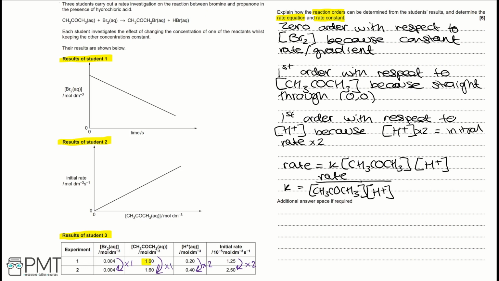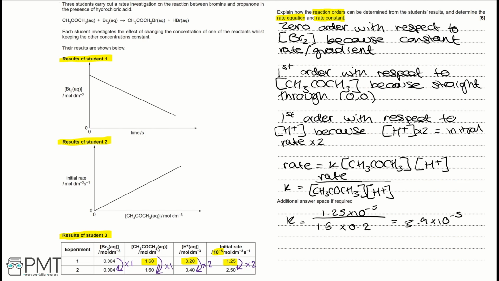That would be using the 1.6 mol dm^-3 of propanone, 0.2 mol dm^-3 of H+, and our 1.25 times 10 to the negative 5 mol dm^-3 s^-1. So k equals 1.25 times 10 to the negative 5 divided by 1.6 times 0.2, and that equals 3.9 times 10 to the negative 5.